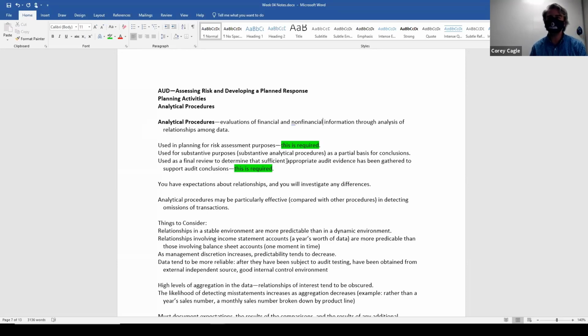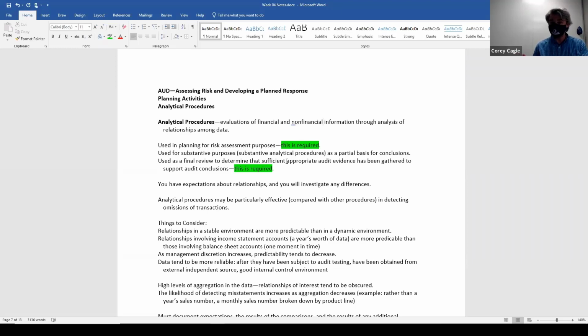It's always a fun way to get into the audit. You're looking at trend analyses, you're looking at ratios, you're looking for weird things, strange occurrences, odd relationships. Seeing these things might improve our understanding of what's going on.